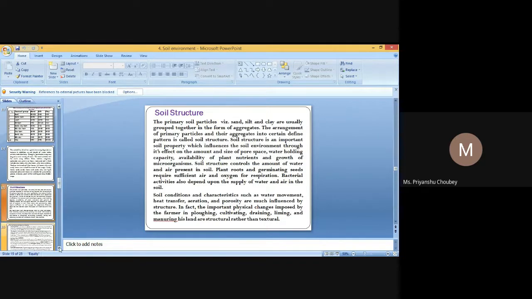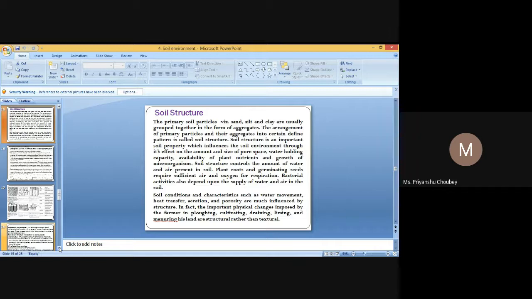Soil structure. The primary soil particles, sand, silt, and clay, are usually grouped together in the form of aggregates. The arrangement of primary particles and their aggregates into a certain defined pattern is called soil structure.